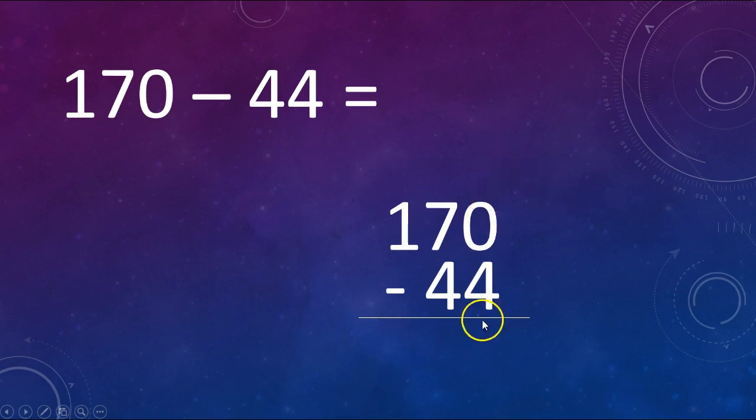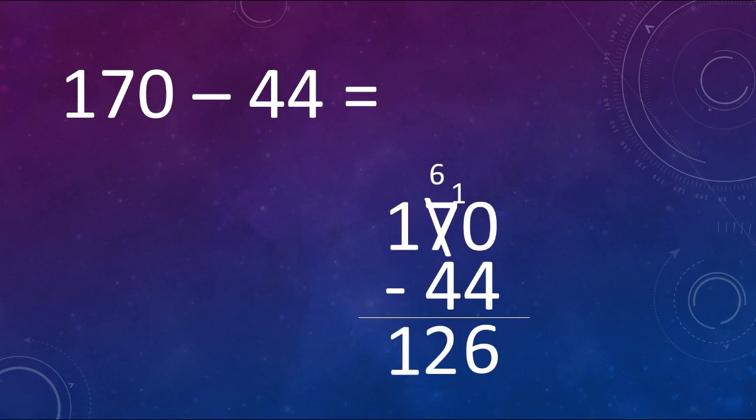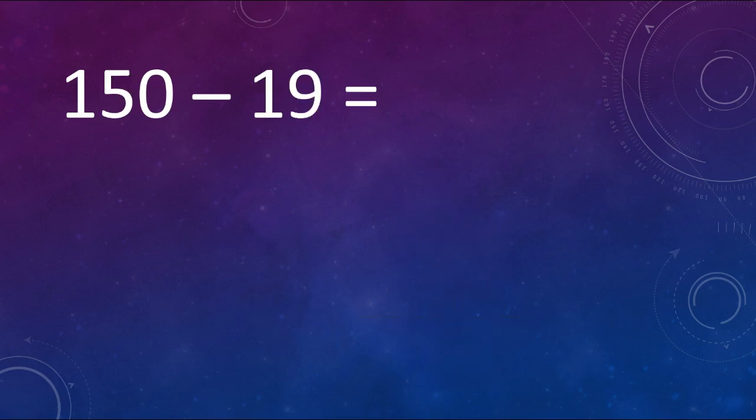Right, we need to start at the ones. Do we need to take any tens from the 7 to give to the 0? Yes, we do, because we cannot take 4 from 0. So the 7 gave us a 10 to make this a 10, and the 7 turned into a 6. What is 10 minus 4? 6. And what is 6 minus 4? 2. And we bring down the 1, and our answer is what? 126.